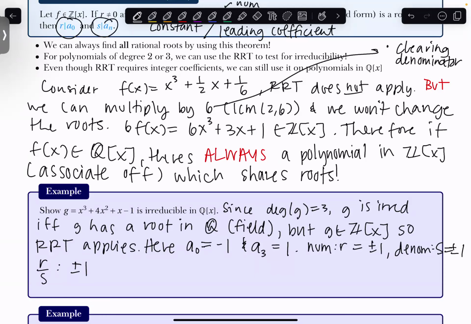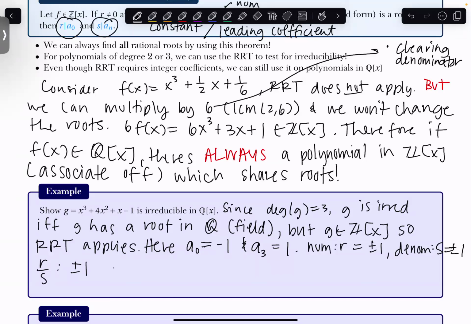If it was degree 4, I wouldn't be able to conclude that. I would have to use some other test instead. But what we do notice is that by looking at the factors of these two, instead of looking at all of my rational numbers, I only have to look at 2 rational numbers, and they'll completely determine if I have a root or if I don't have a root inside the rationals.